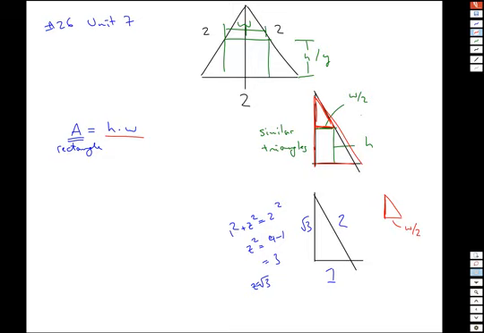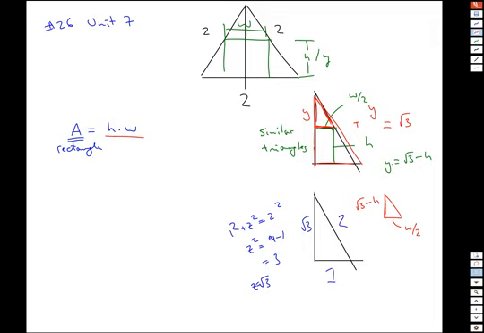This height plus the leftovers here, I'm going to call this y, we haven't used anything else for that, plus h is going to equal root 3. So our y value here is what we care about, it's root 3 minus h. This little part here is the whole length, root 3, minus the height of the rectangle. The taller I make the rectangle, the smaller my y is. And so we get root 3 minus h.